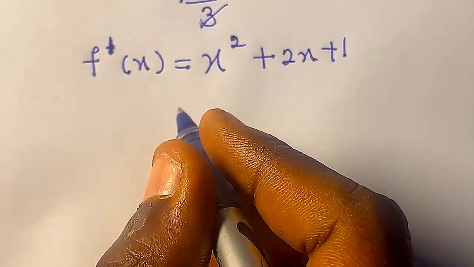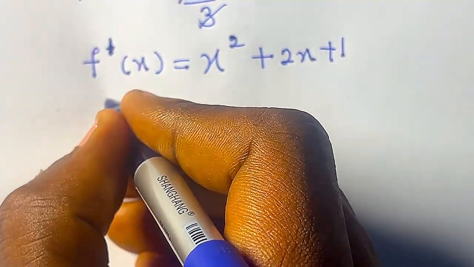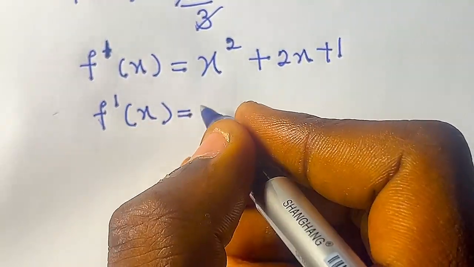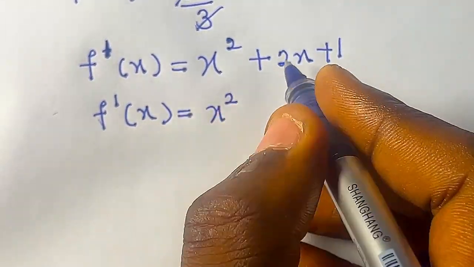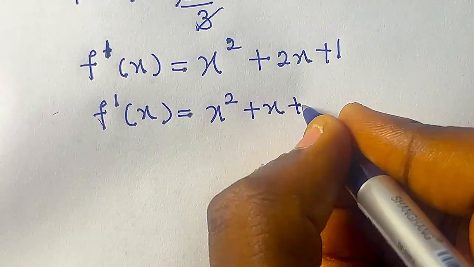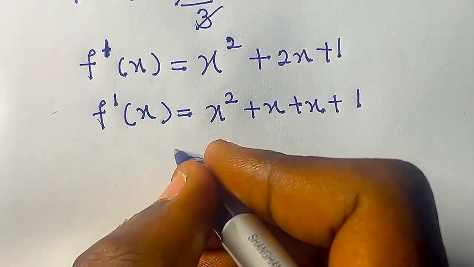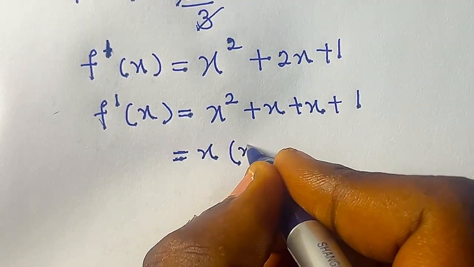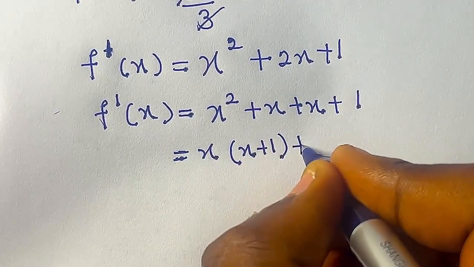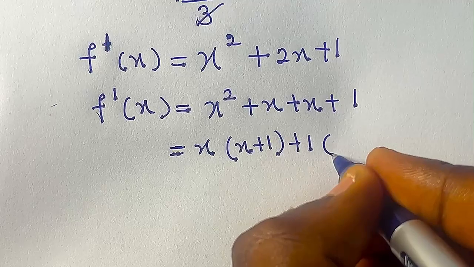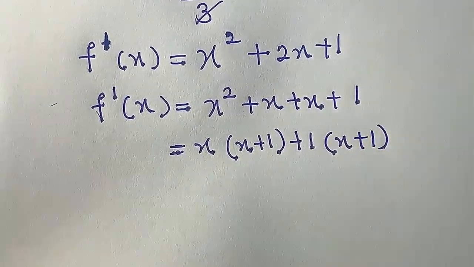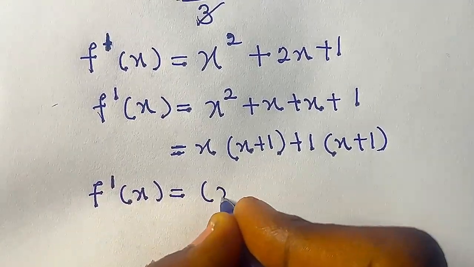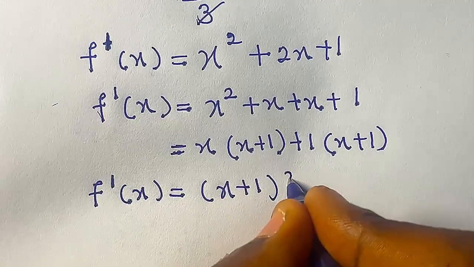By factorizing, we have x plus 1 as the common factor, and therefore f prime of x is x plus 1 squared.